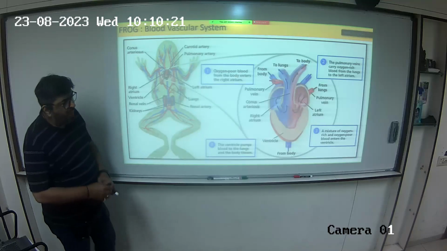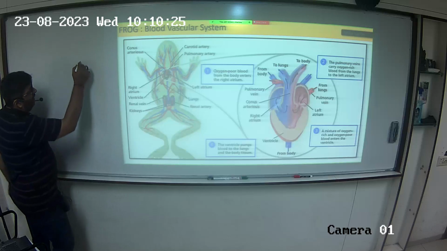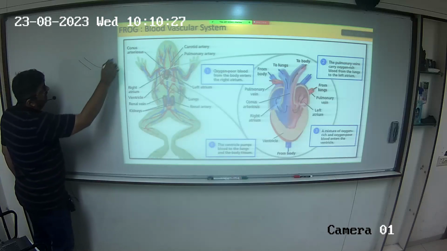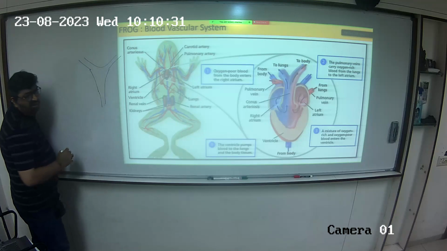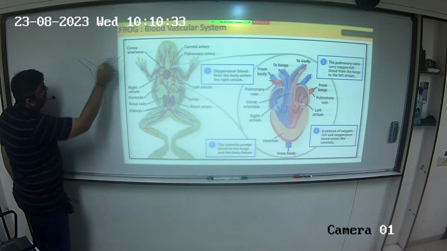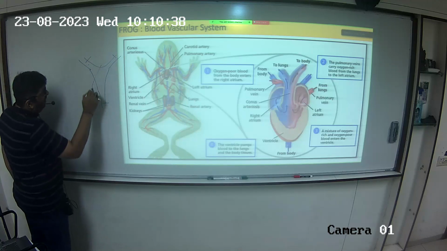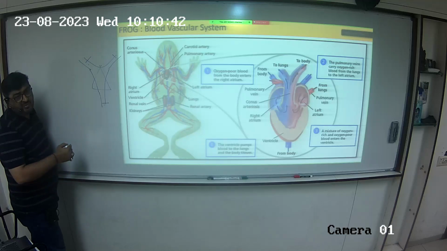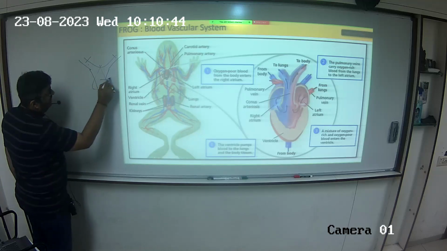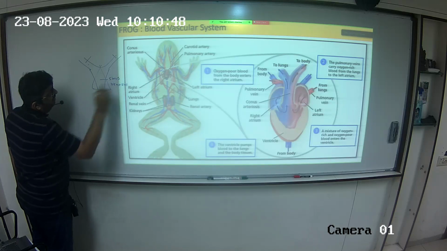So when you look at the dorsal surface and try to connect these, ये दो superior vena cava हैं और ये inferior vena cava है. तो ये तीनों structure, superior दो और एक inferior, they make a triangular structure before entering the right atrium. This triangular structure is called as sinus venosus.